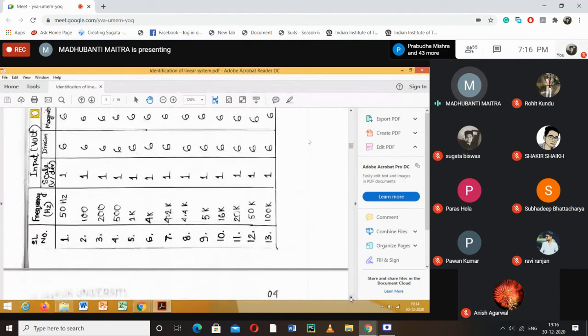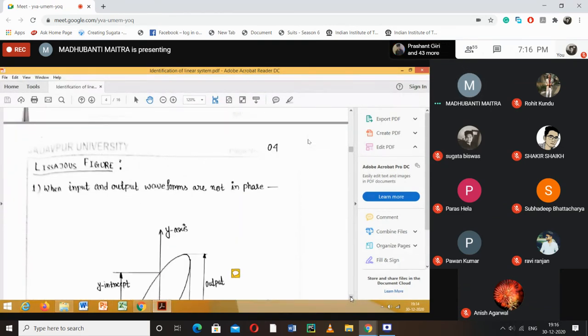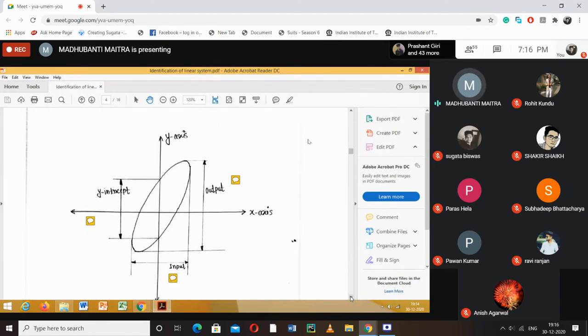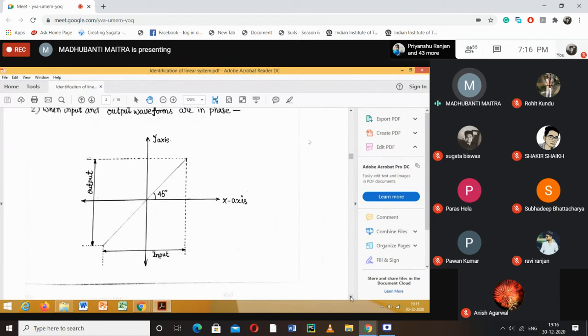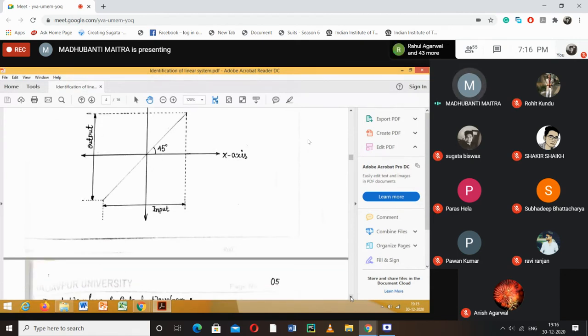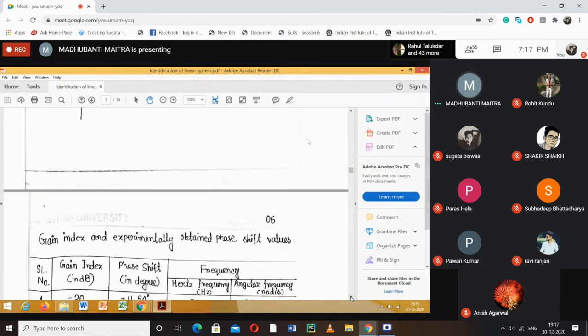So we'll put the oscilloscope in XY mode for measuring 2A, 2B, 2C. And then we'll put the oscilloscope in normal mode to observe whether the output is leading the input, lagging the input, or they're in phase. Both the signals are in phase.